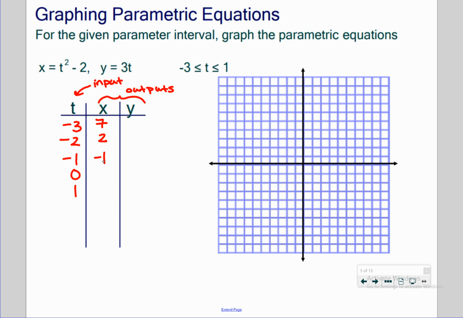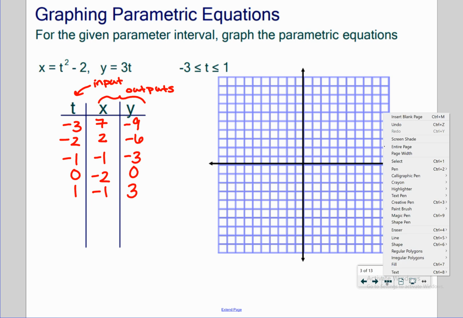If I plug in 0, and if I plug in 1, I get out -1. Okay. For y, all I have to do is do 3 times my t value. So those will be quick. 3 times -3, -9, -2 times 3, -6, -3, 0, and 3.